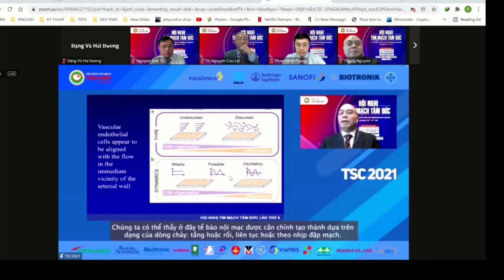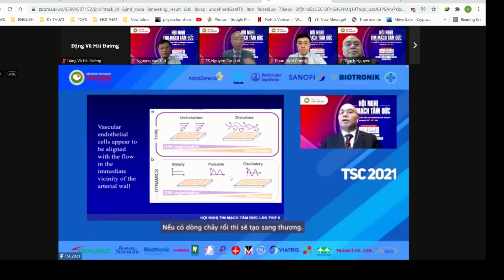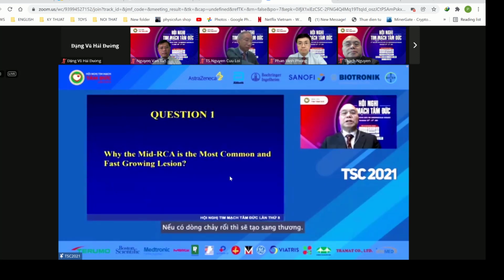Is it laminar or turbulent? Is it steady or pulsatile? If we have laminar flow along the border of the arteries in the intima, then the flow is good and there is no lesion. If there is turbulent flow, then we can have formation of lesions.